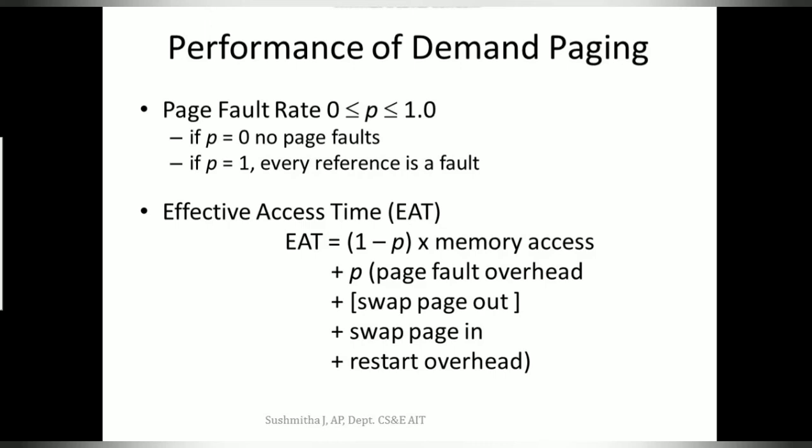Now how do I calculate the effective access time? This is the formula that is used: (1 minus P) times the memory access time, plus P times the page fault overhead, where P is your page fault rate. Now what is the page fault overhead? Whenever a page is faulted, there is a list of activities that happen internally in the system.